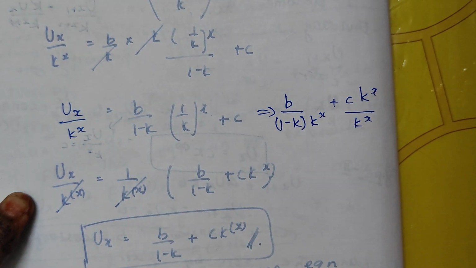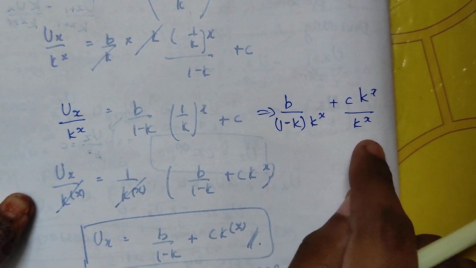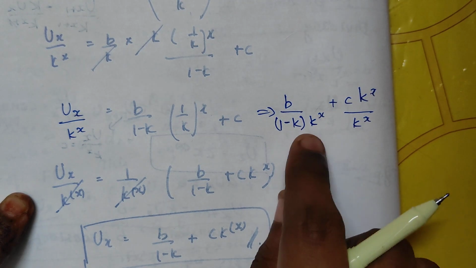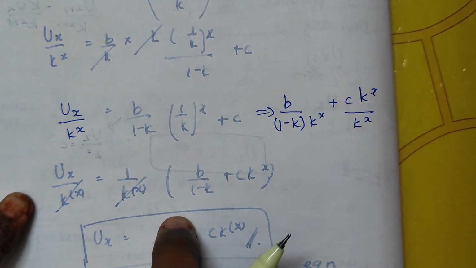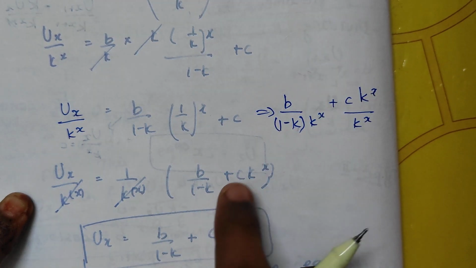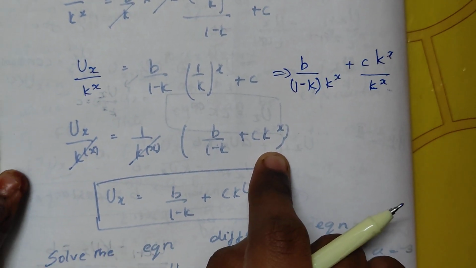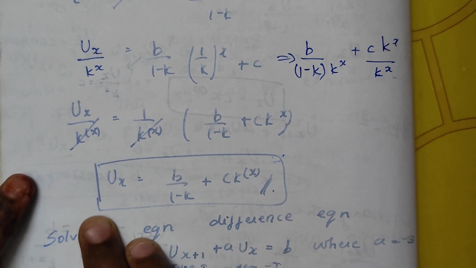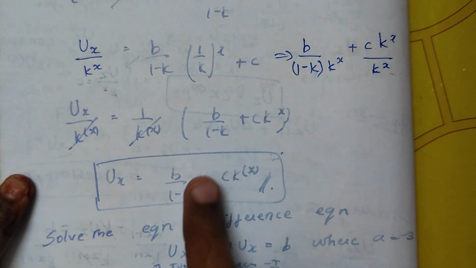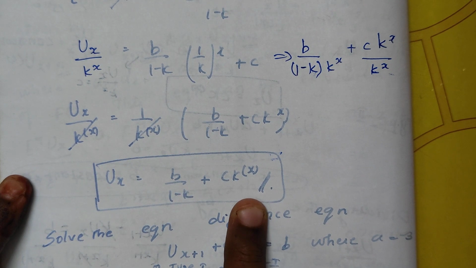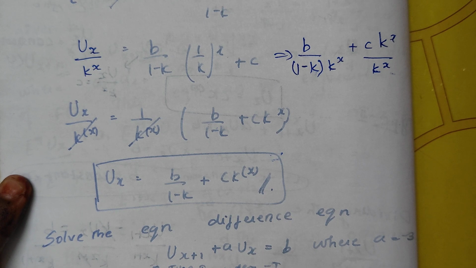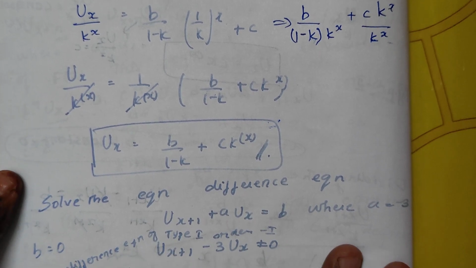In both terms the denominator has k power x, so I take it common outside. I get b divided by 1 minus k plus c into k power x, and this k power x will get cancelled. So u(x) is equal to b divided by 1 minus k plus c into k power x. This is how we arrive at the solution. If some problem comes, we have to do it like this.